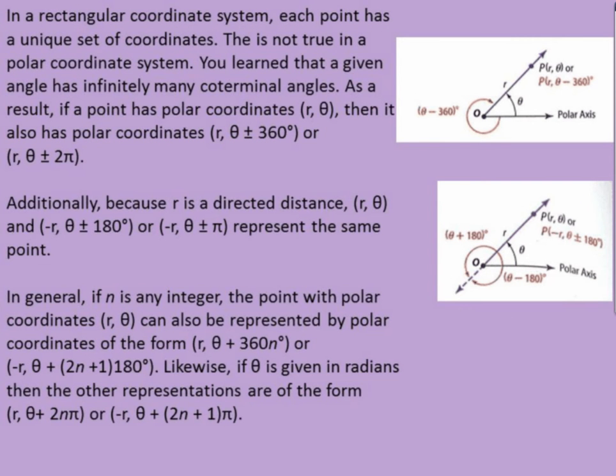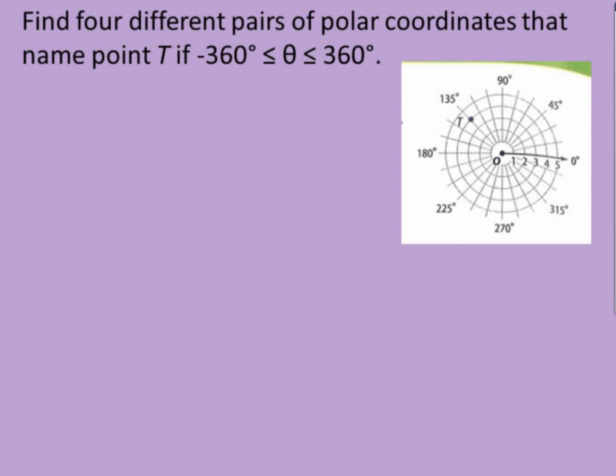In general, if n is an integer, the point with polar coordinates r, theta can also be represented by polar coordinates of the form r and theta plus 360 times n, or negative r, theta plus (2n plus 1) times 180. You can do the same thing with your pi's instead.